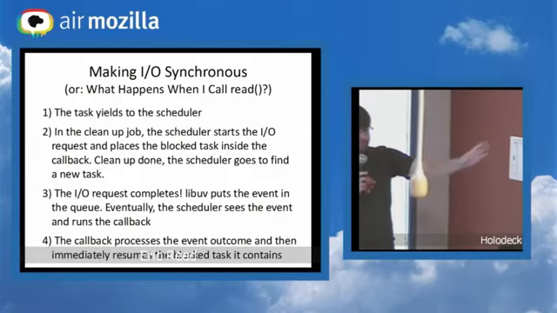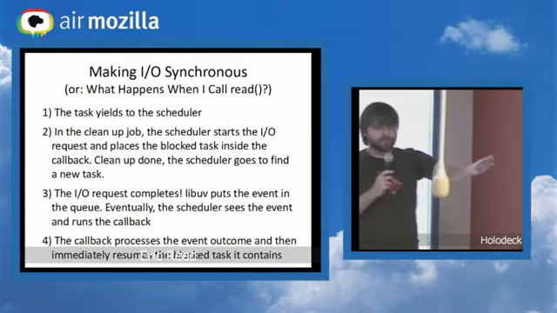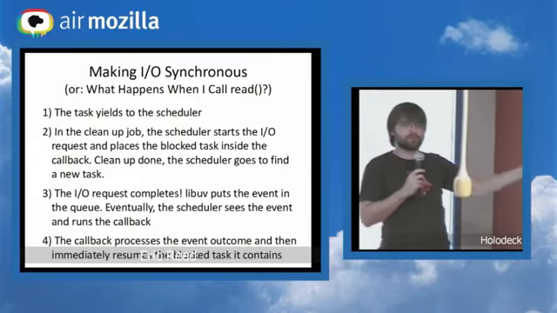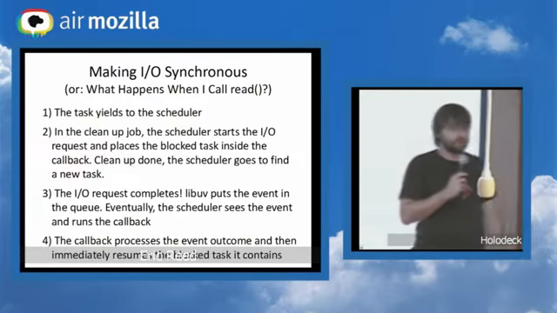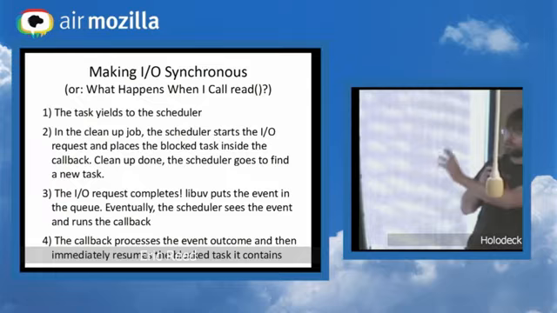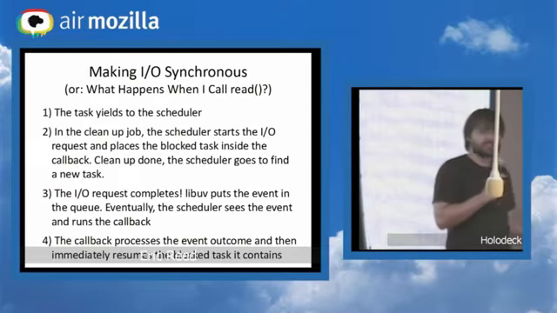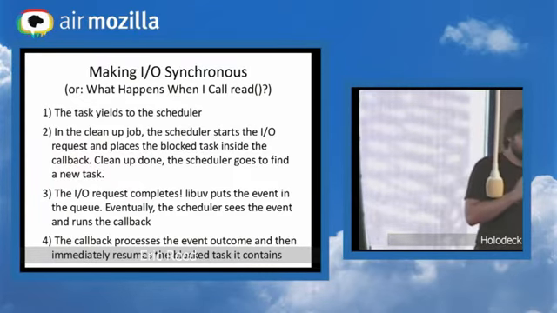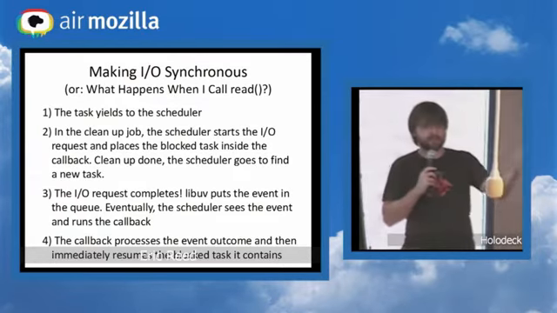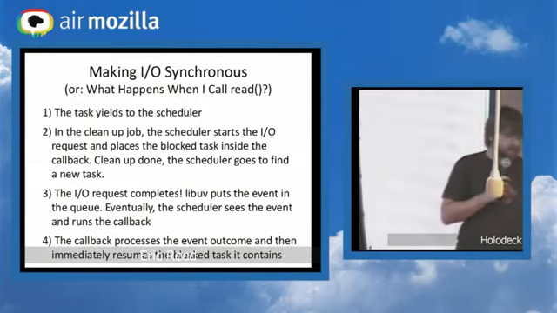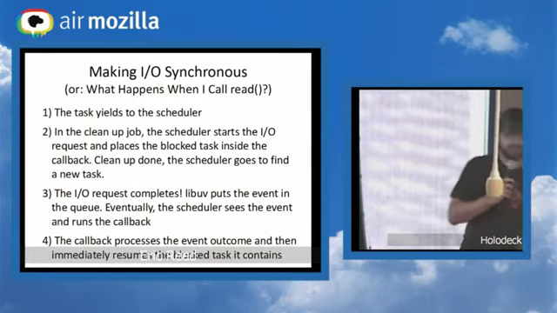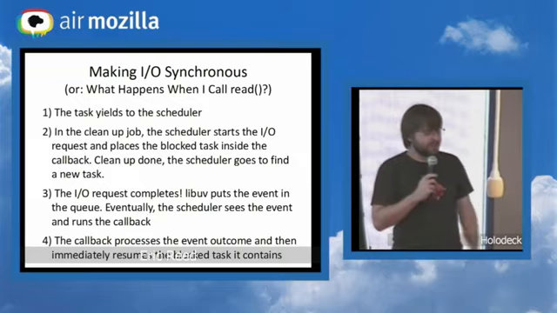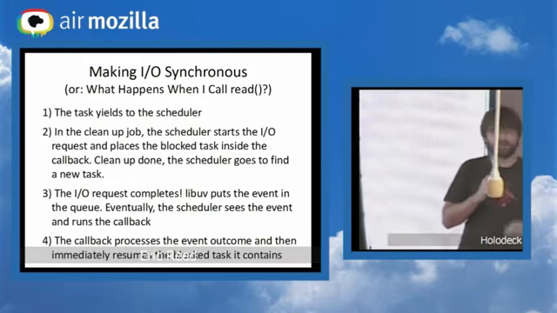And then that's non-blocking, so that call finishes, and the scheduler goes and finds some other work to do somewhere else. And then sometime later, it could be almost instantly, it could be, who knows how long, the I/O request finishes, libuv registers this event in the event loop queue. Eventually, it gets to the top, and the scheduler sees this event happens, and it runs the callback.